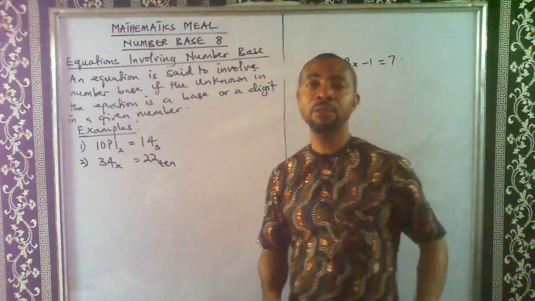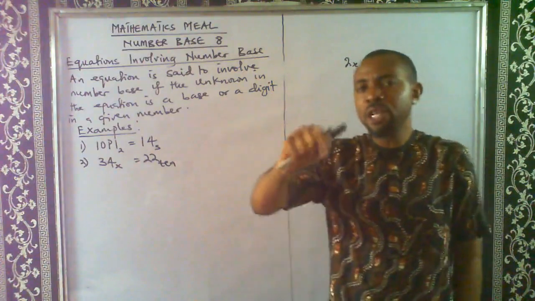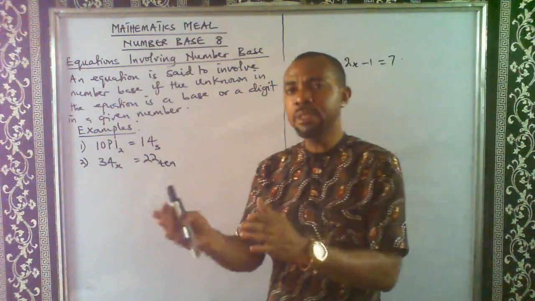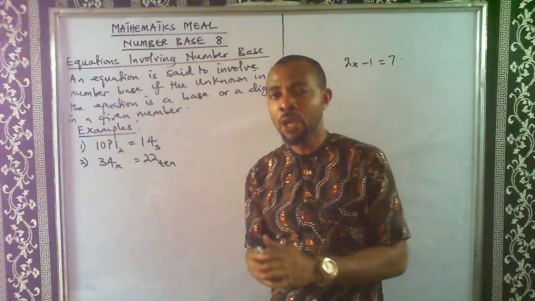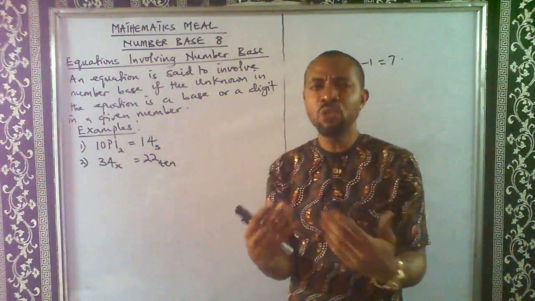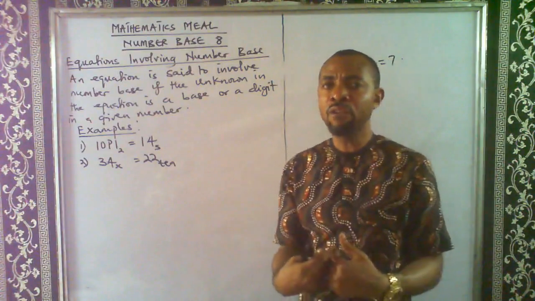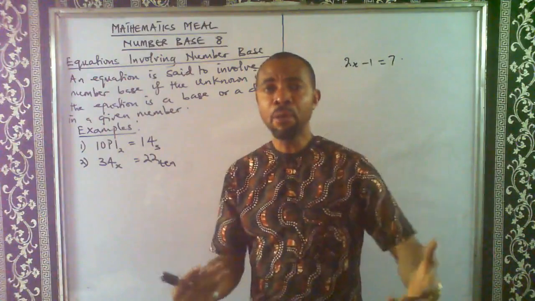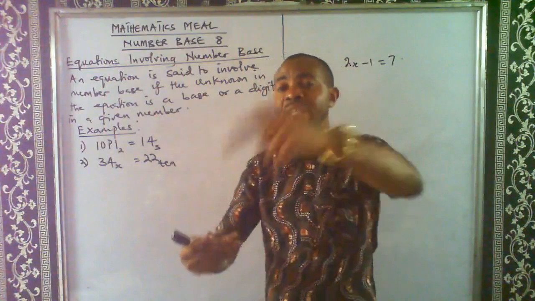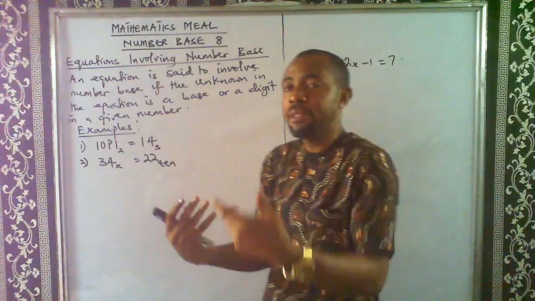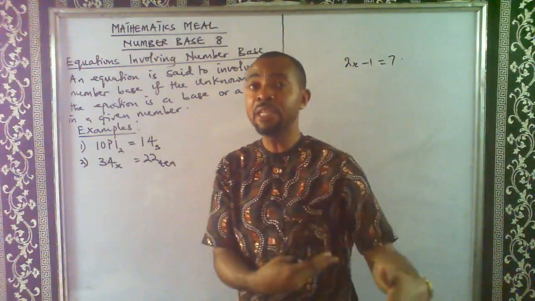So the first thing students must do is to understand what an equation involving number base means, so that when you see a certain equation, you know this is an equation involving number base. Even if you know how to solve the problem but you don't know how to identify it, it is not enough. The solution starts with identification.